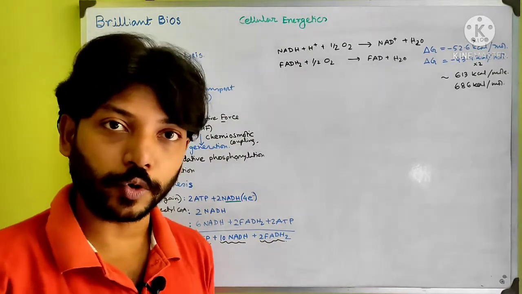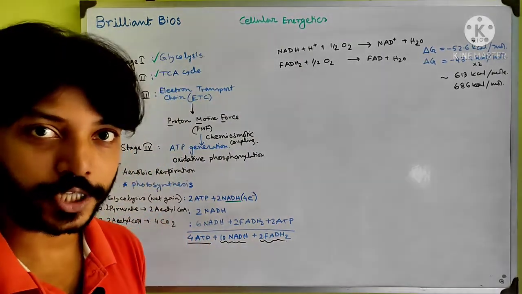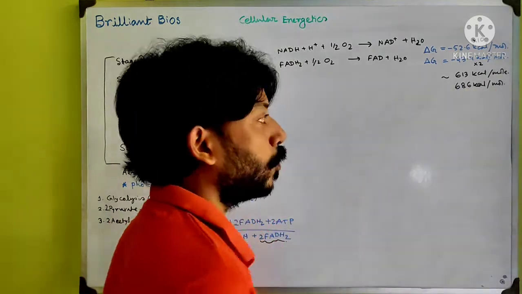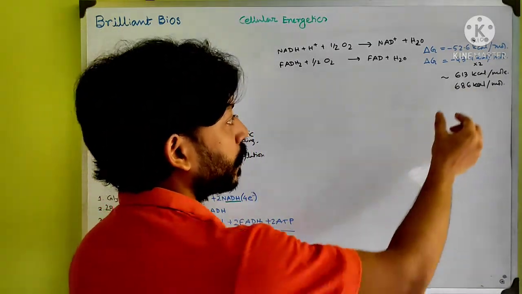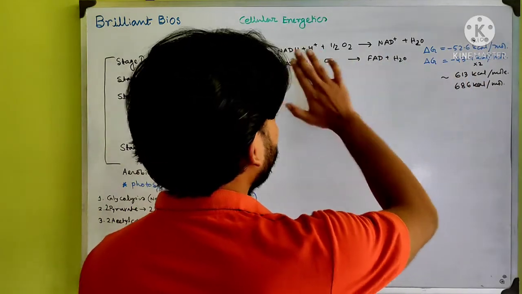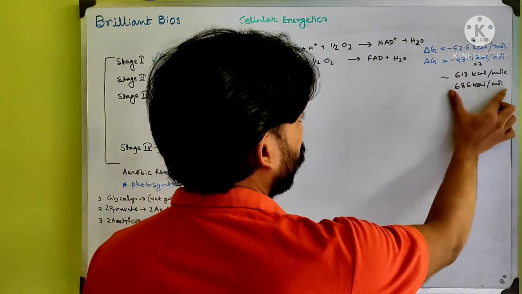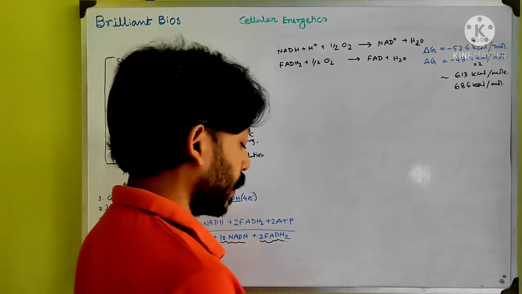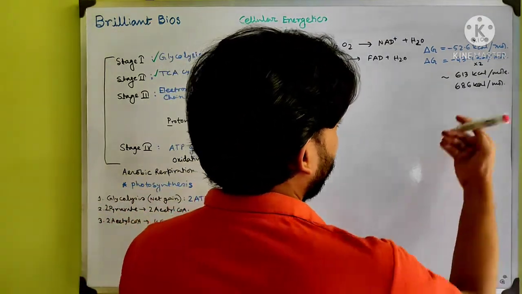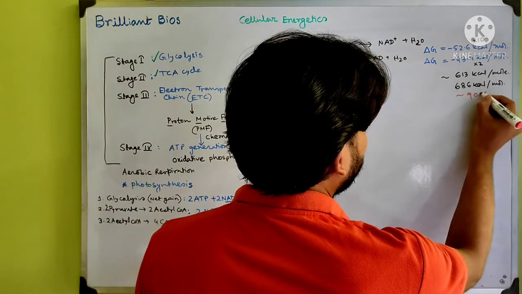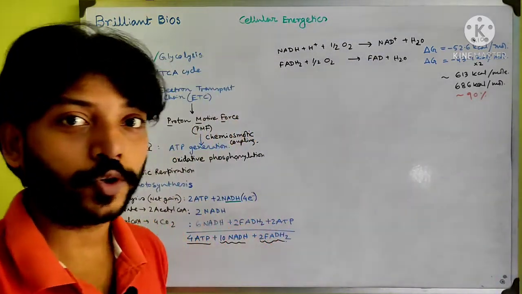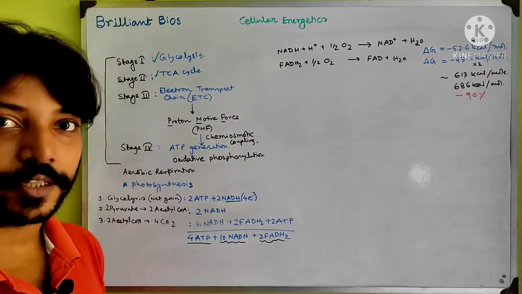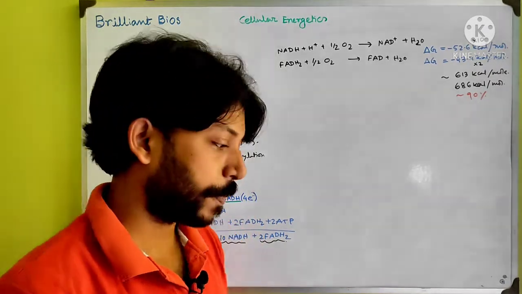So if we compare the value of these oxidation reactions with the chemical bond energy present in 1 mole of glucose, you will find that approximately 90% of the energy is actually recovered from 1 mole of glucose. So glycolysis and the TCA cycle are very energetically efficient.